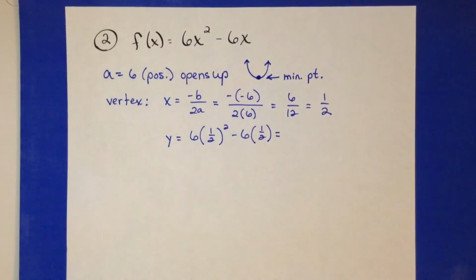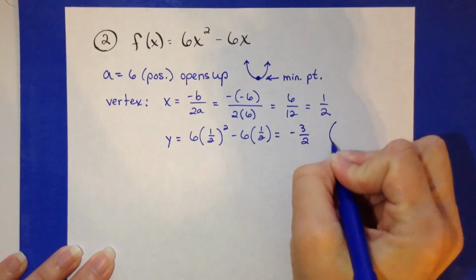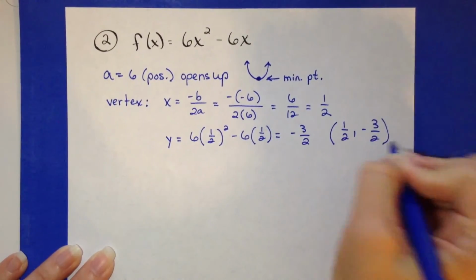Okay, so let's calculate this. And this time I have negative 3/2. So my vertex is 1/2, negative 3/2.